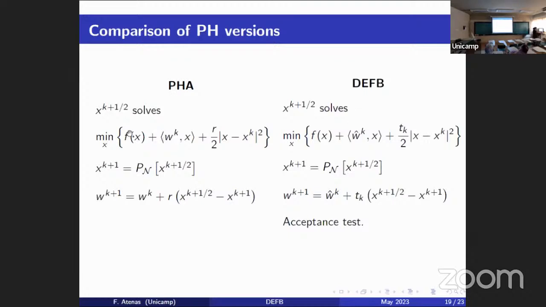But the centers here play the role of the slopes in the recursive ending algorithm. And we are also allowing a variable step size. It helps to guide convergence. The second step is the same because we project to guarantee feasibility in the primal space. Then the dual update, again, is basically the same. And we add an acceptance test to measure the quality of the approximations that we are making.